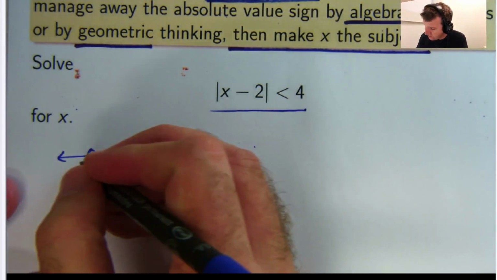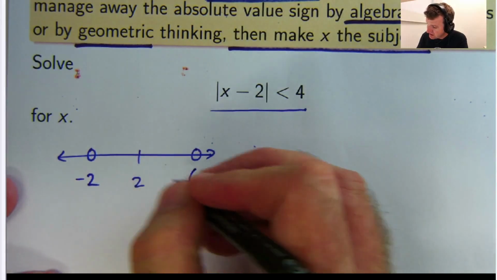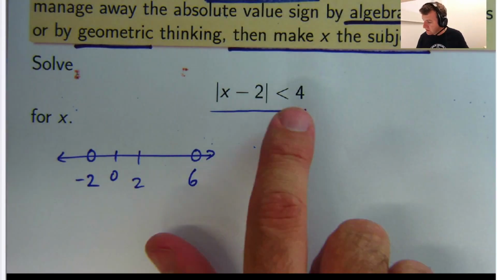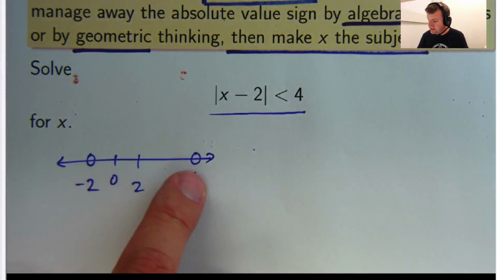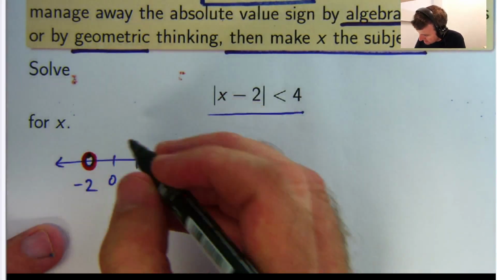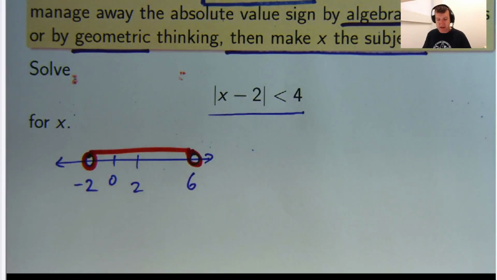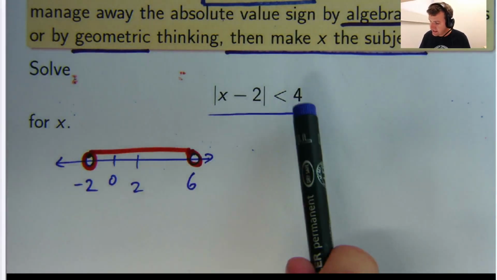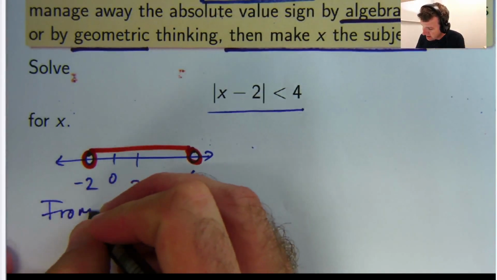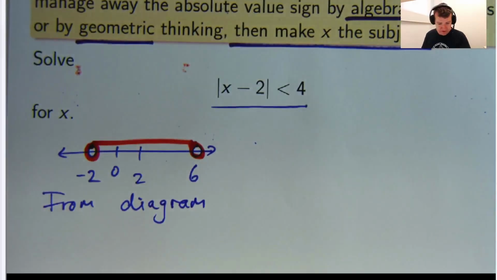If I go 4 units that way, I get to -2, and if I go 4 units that way, I get to +6, and 0 might be in the middle there. Because I've got a less than, I don't want to include the points that are exactly 4 units away. So I've got open dots there, and I can see from my number line that the solution to this would be x between -2 and +6.